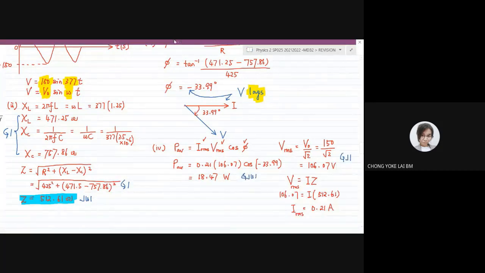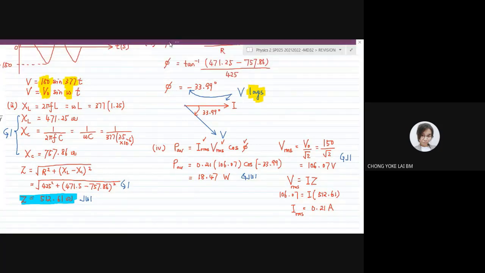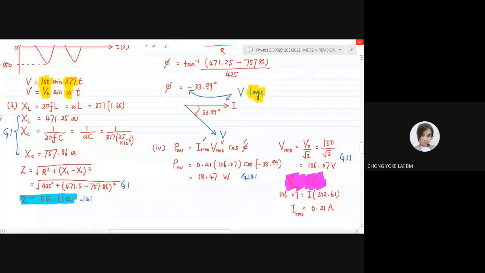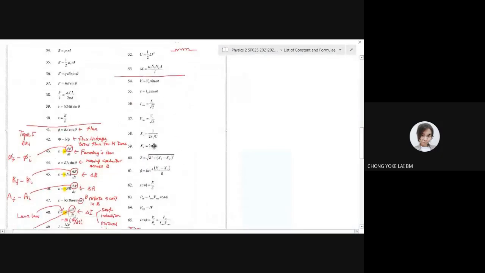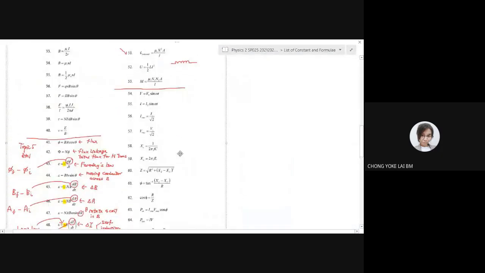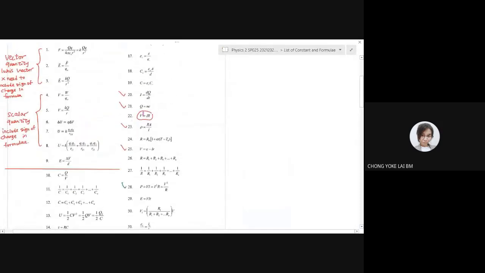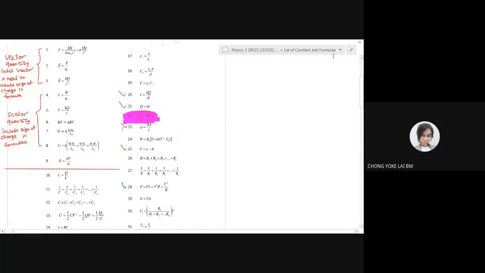So ingat kelas, biasanya student boleh kira tapi silap kat mana? Dekat sini lah. Kenapa? Sebab dalam list of formula, you tak jumpa V equal to IZ, tapi you akan jumpa V equal to IR. Lepas tu you main letak aja V equal to IR macam tu.